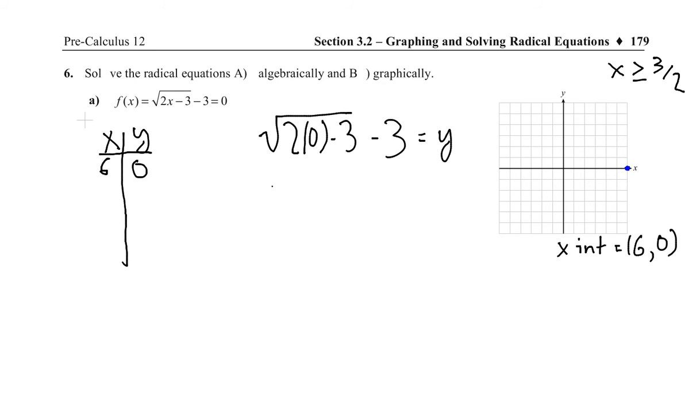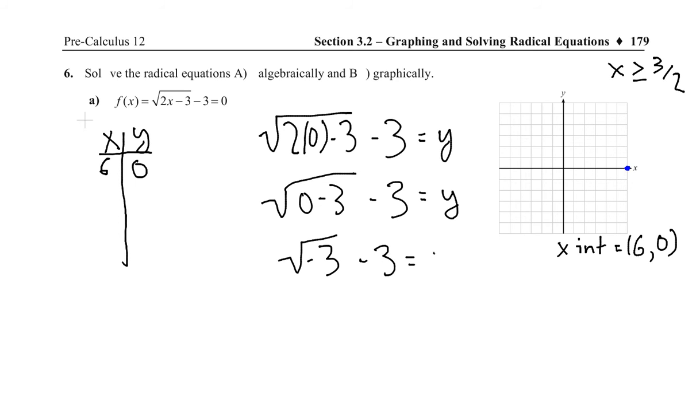So 2 times 0 is 0, minus 3, minus 3 is equal to the y-intercept. But then we have a problem because we're left with negative 3 inside of our radical, which can't be done. There's nothing that we can do about it.